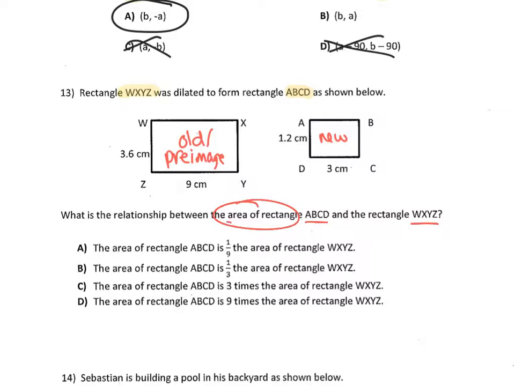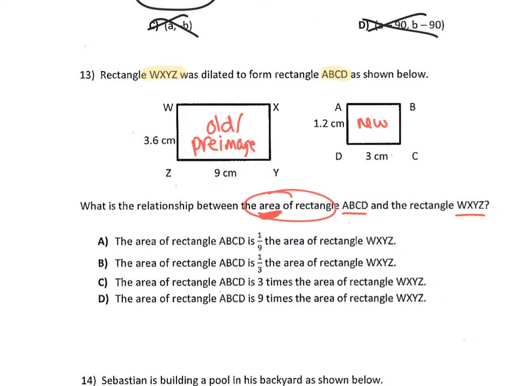Since we're looking for area, we're going to multiply base times height. So for the old area, we multiply 3.6 times 9. You should get 32.4 for the area of our old.